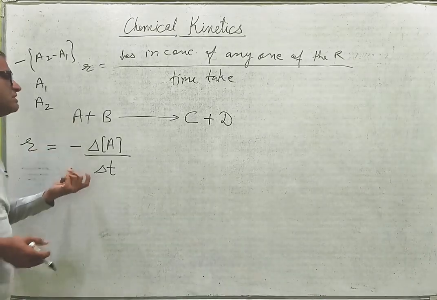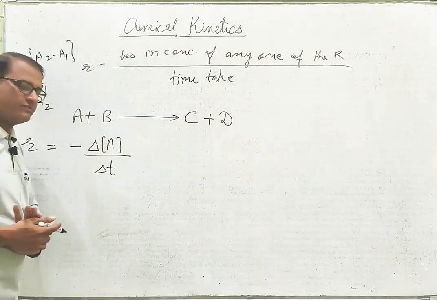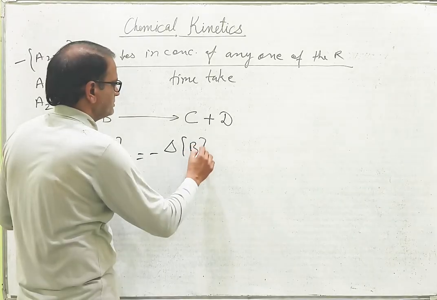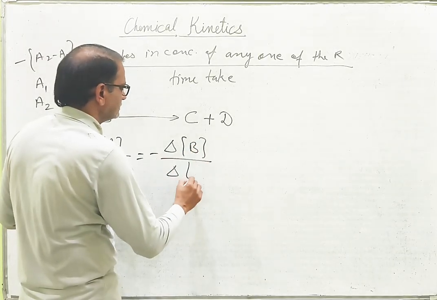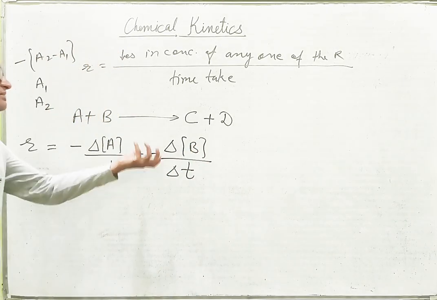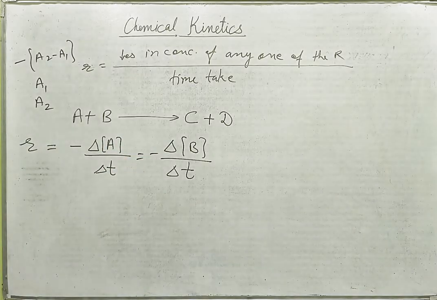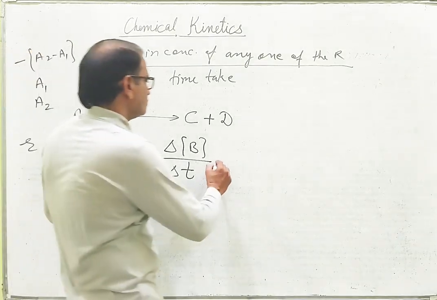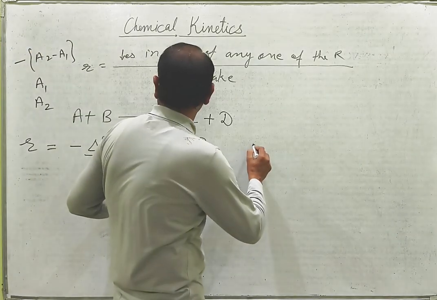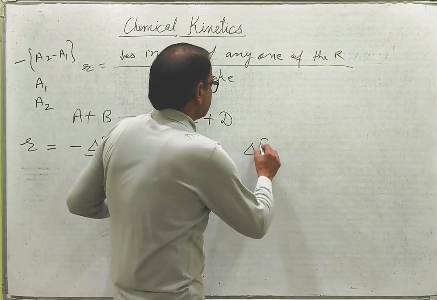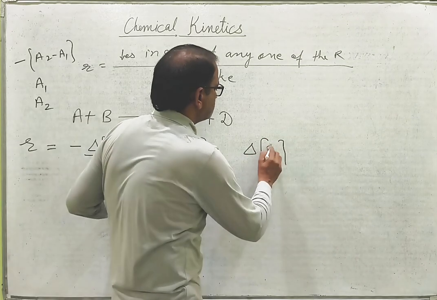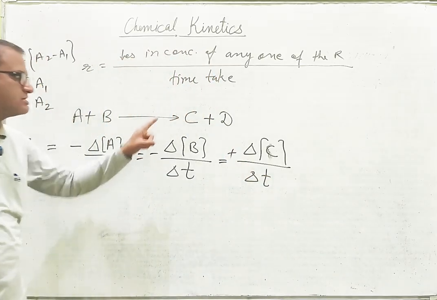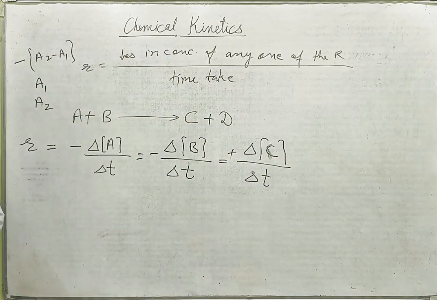Minus has been taken means there is decrease in concentration of A. This is equal to minus delta B upon delta T. It means the concentration of B is also decreasing with the time. This is equal to delta C upon delta T, of course plus, because the concentration of C is increasing.